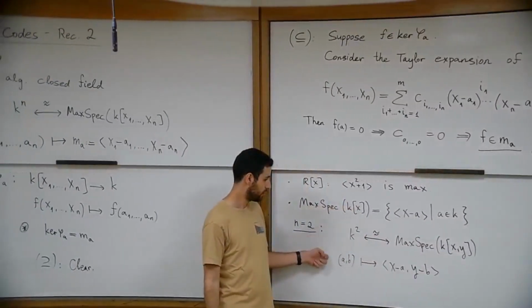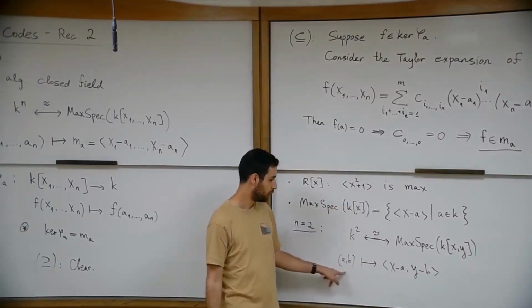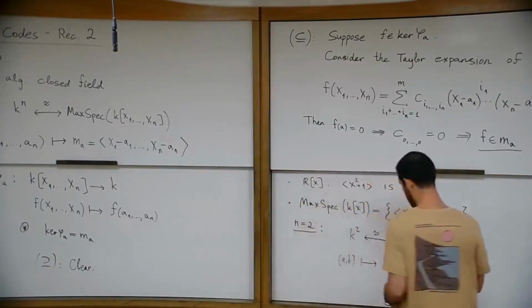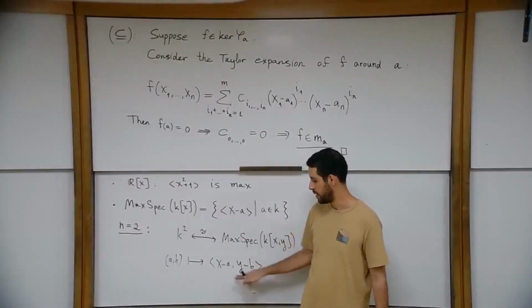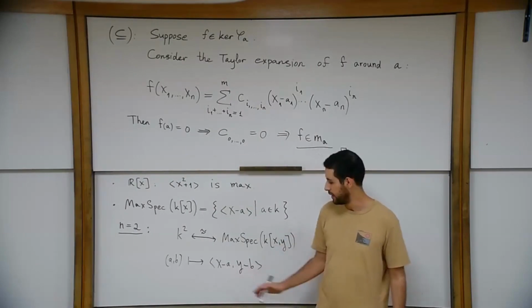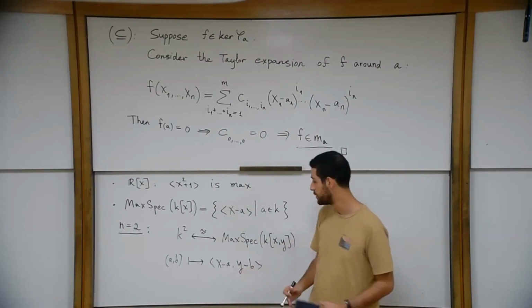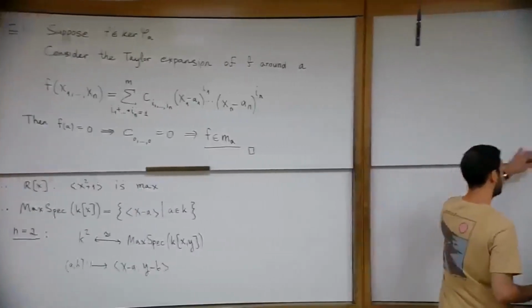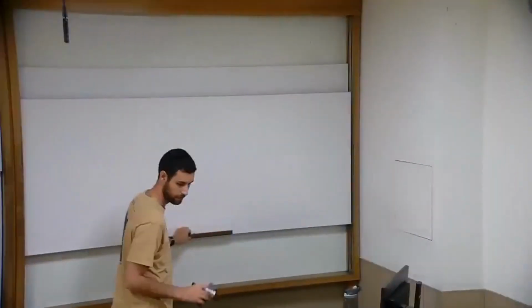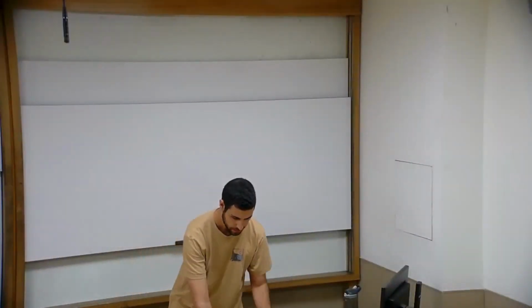And again, what is the correspondence? Given a point (a, b), we want to map it to the ideal of this form, generated by x minus a and y minus b. So, let's see.